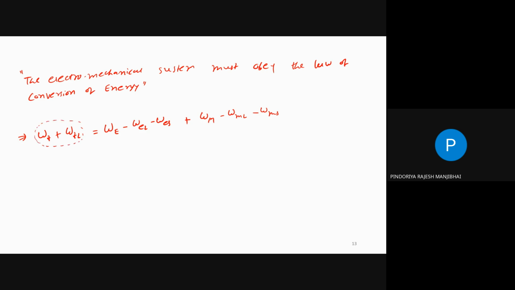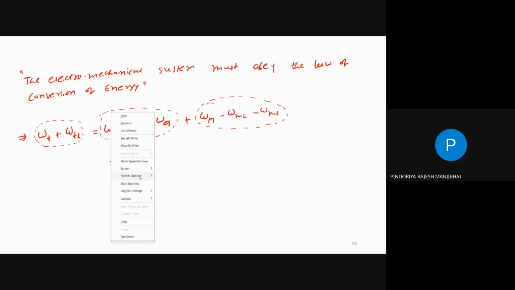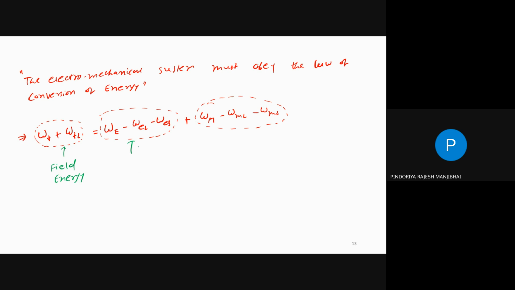So this is part number 1, this is part number 2, and this is part number 3. Yes, so this is the field energy, this is the electrical energy, and the third part is the mechanical energy.